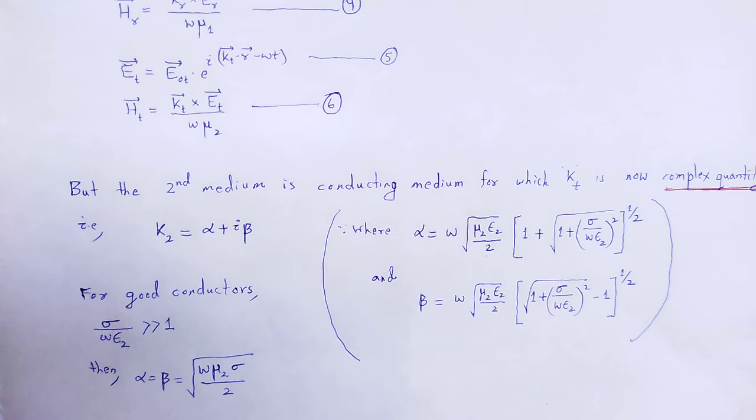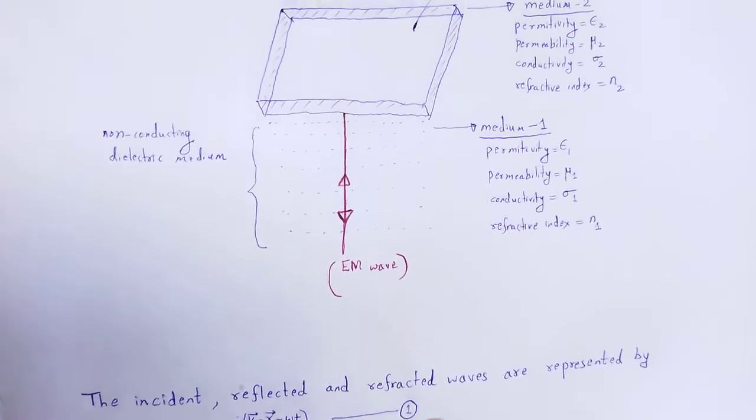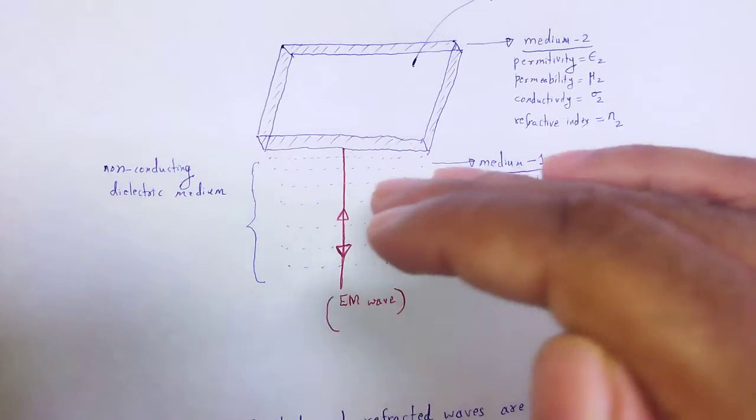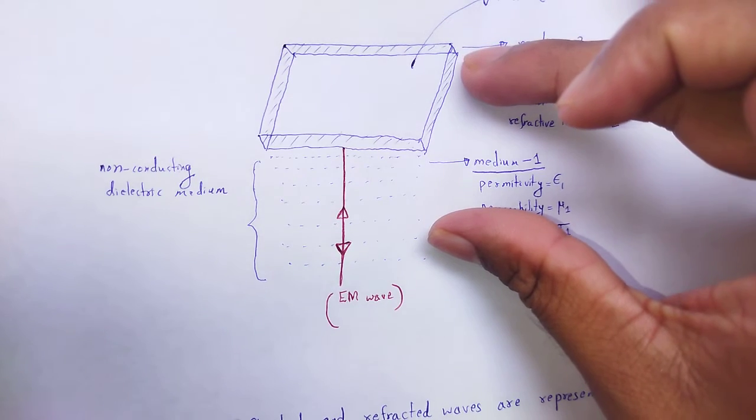Next, we can use the boundary conditions for the E vector and the H vector at the interface which is separating these two media.